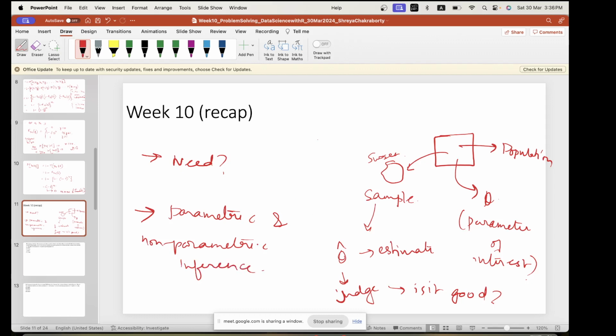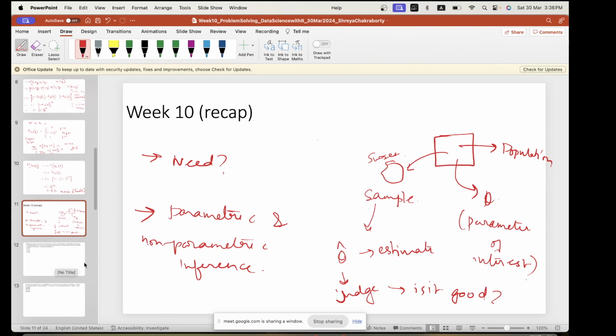Parametric means that the parameters have an underlying distribution, and the inferences based upon the assumption that the underlying distribution can be specified with the help of these parameters are called parametric inferences.